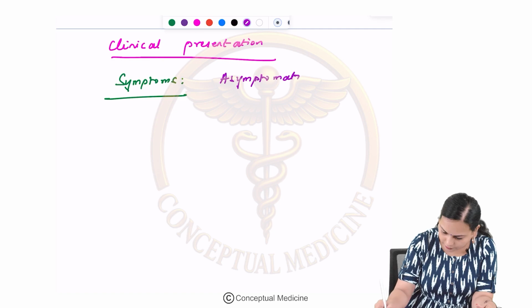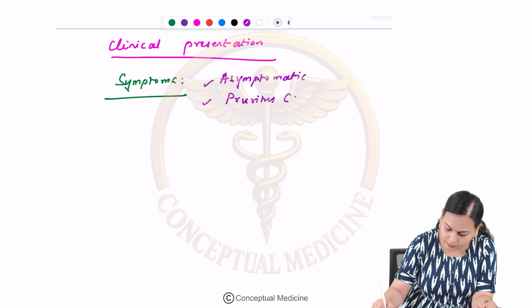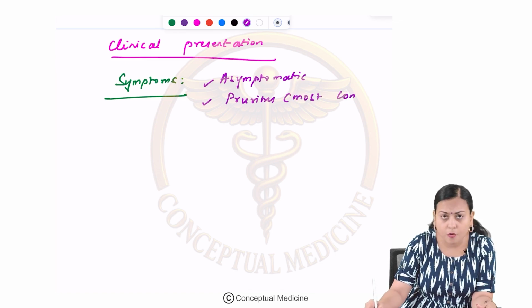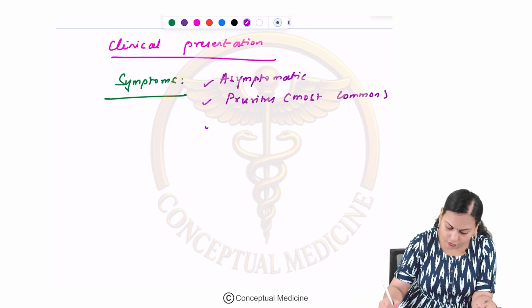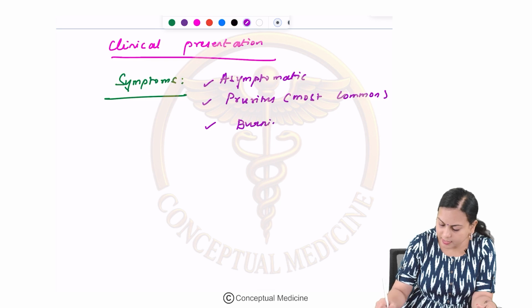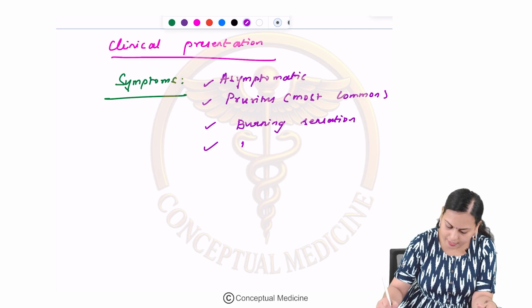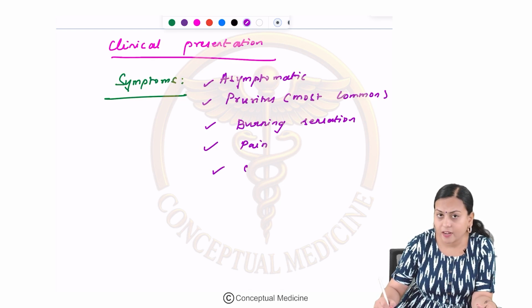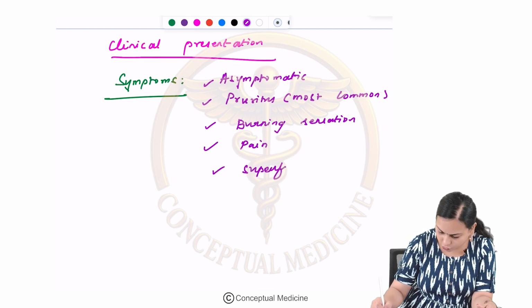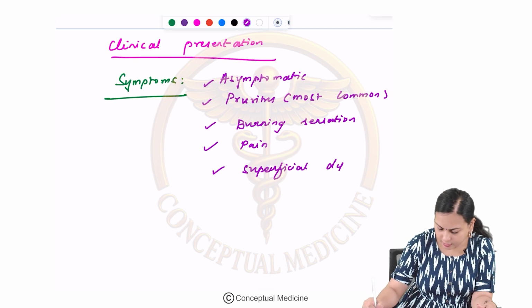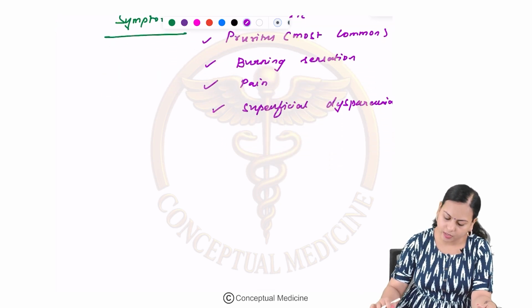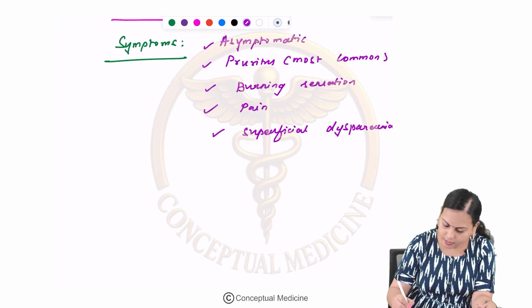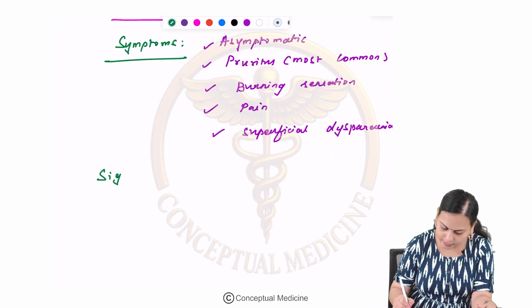However, if there is a presentation, it can be with pruritus, which is the most common presentation, followed by burning sensation or pain. There can also be superficial dyspareunia. Clear? Right. Now, what are the signs we can see?